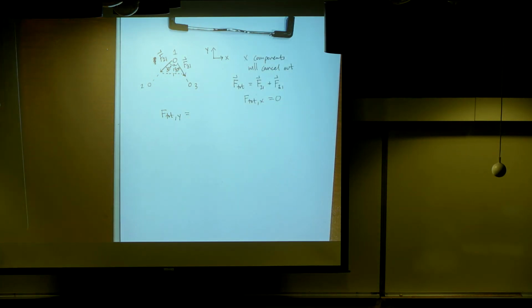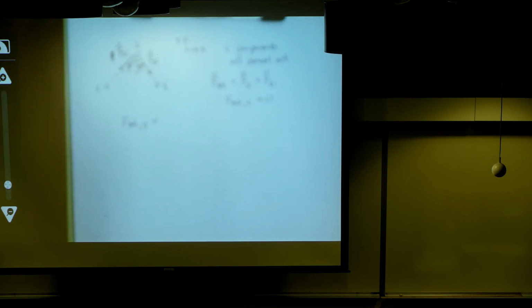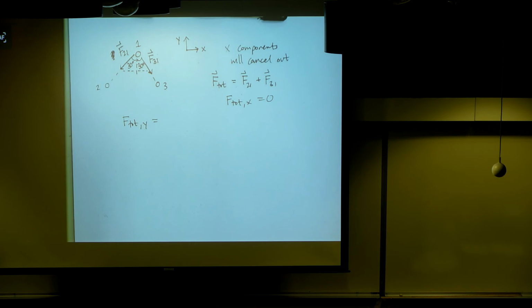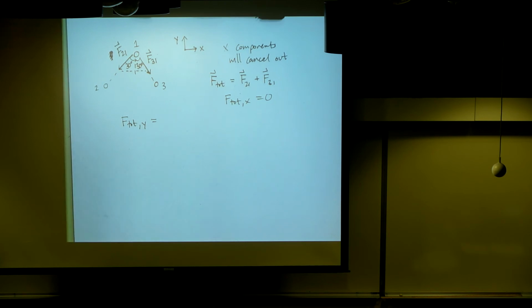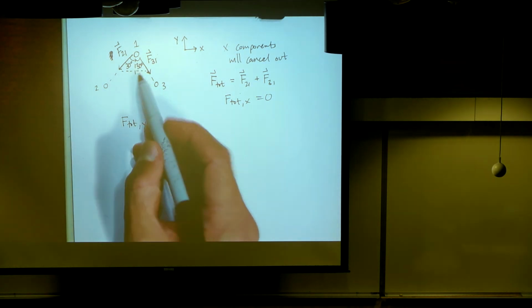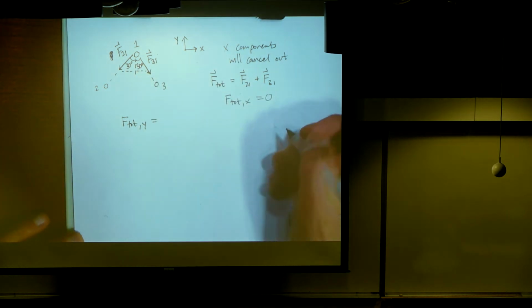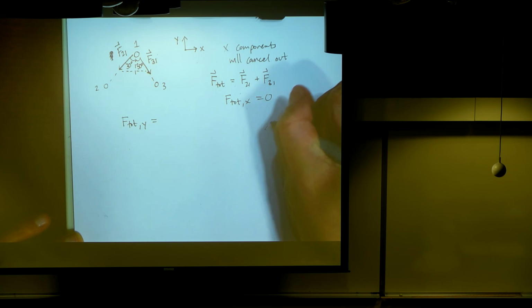Let me zoom in a little bit. I'm running kind of small. Okay, that makes sense? Okay. So somebody tell me, let me just copy this down so it's easier to see.